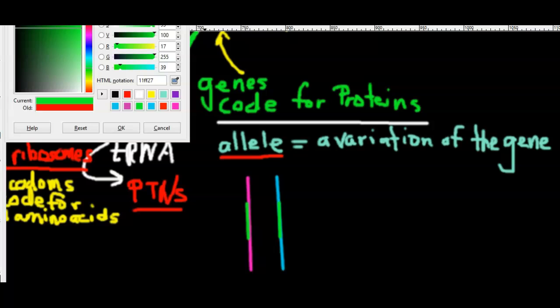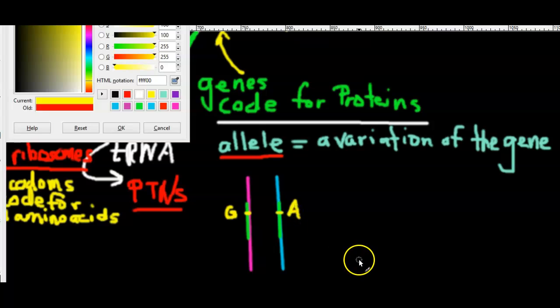So as humans, our DNA is pretty much the same, but let's say right at this spot right here, I have a guanine, and in the exact same location on the homologous chromosome, you have an adenine.